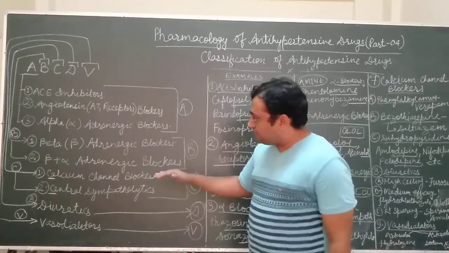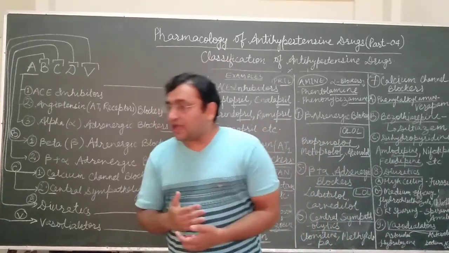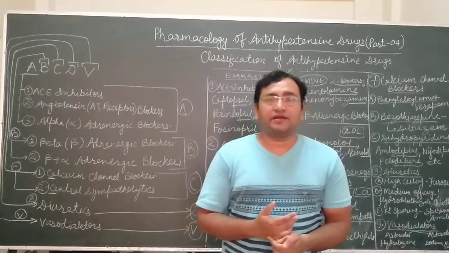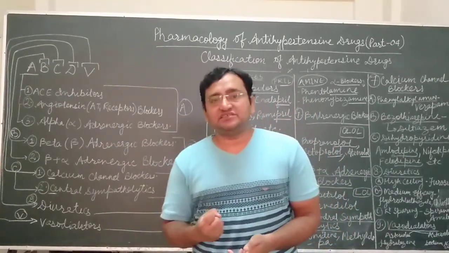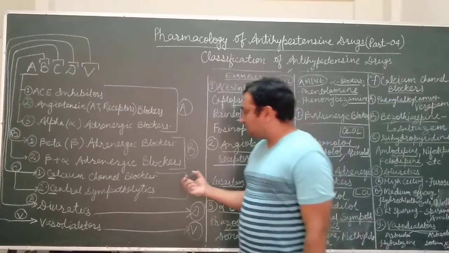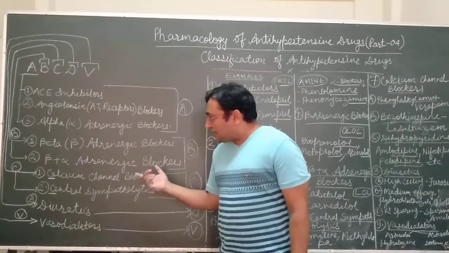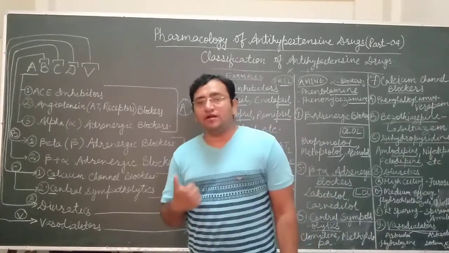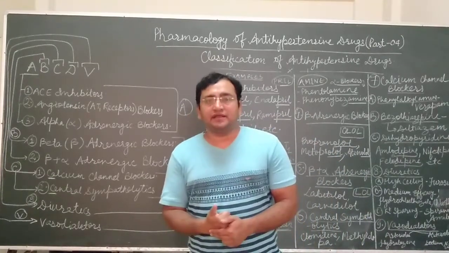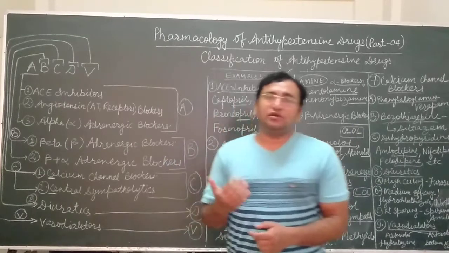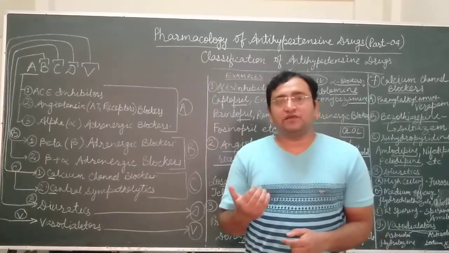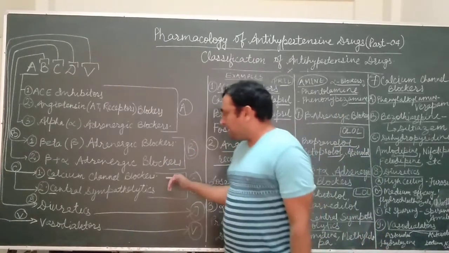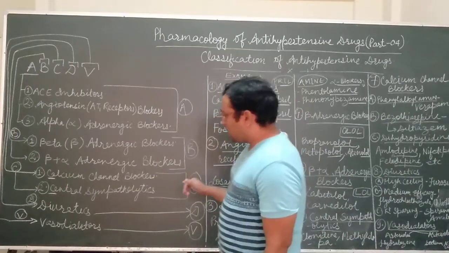Next, we have studied that calcium can help in contraction of any muscles. It can also contract the heart muscles. So calcium channel blockers will prevent contraction of heart muscles, so that the elevation of blood pressure will be reduced by applying a calcium channel blocker.